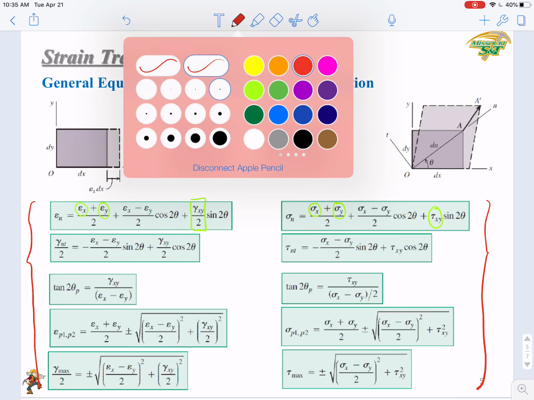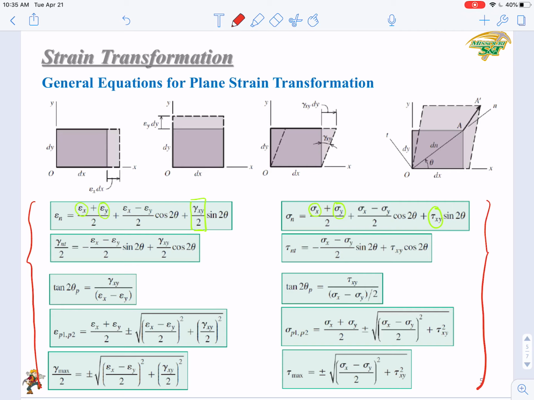Let's summarize them here. Sigma x in the stress equations corresponds to epsilon x in the strain equations. Sigma y will become epsilon y. Of course, you have other things like sigma n, which will become epsilon n. Sigma t will become epsilon t.